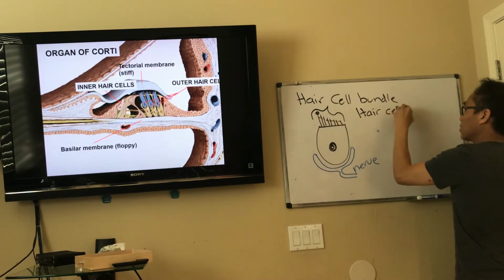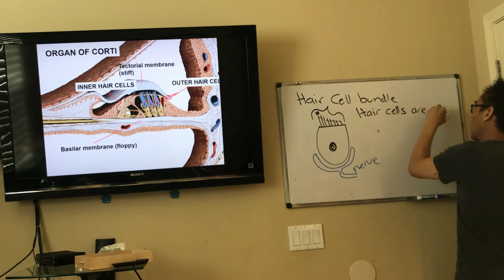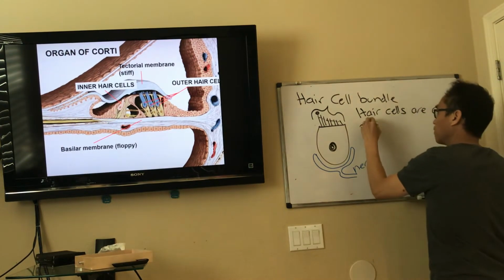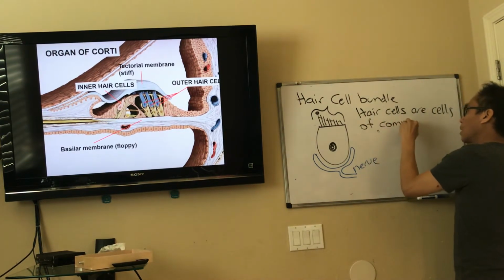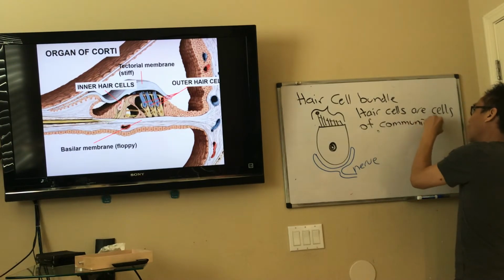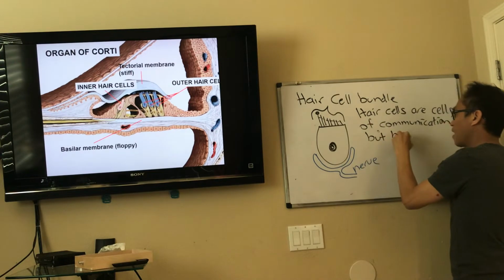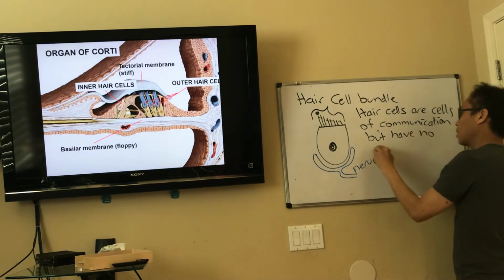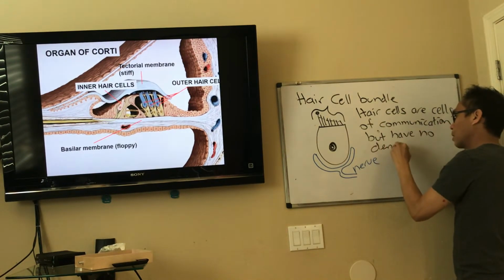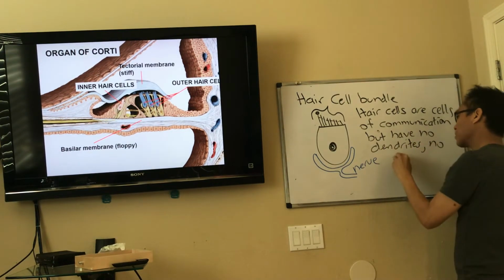Hair cells are cells of communication, but have no dendrites, no axons.